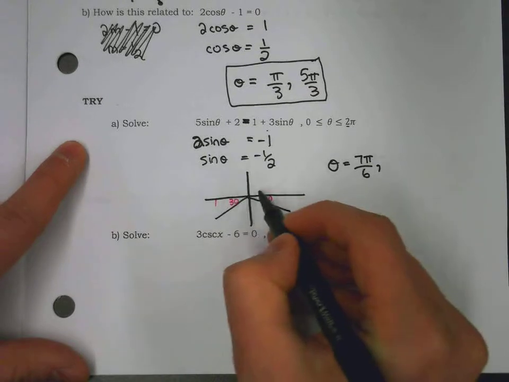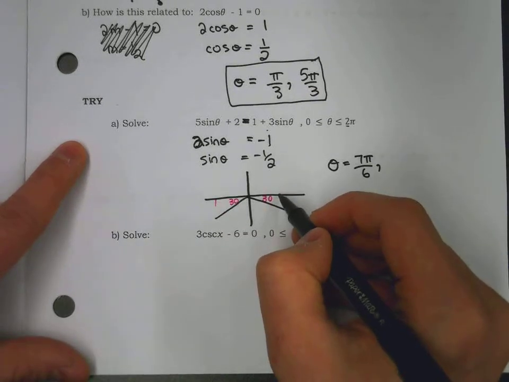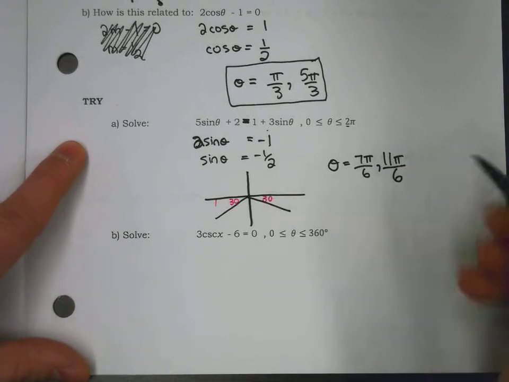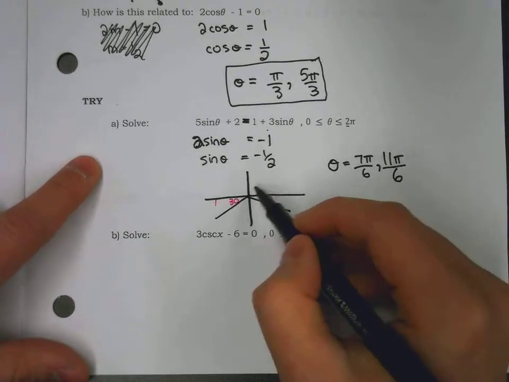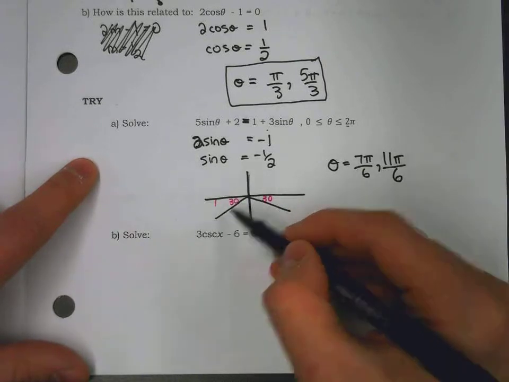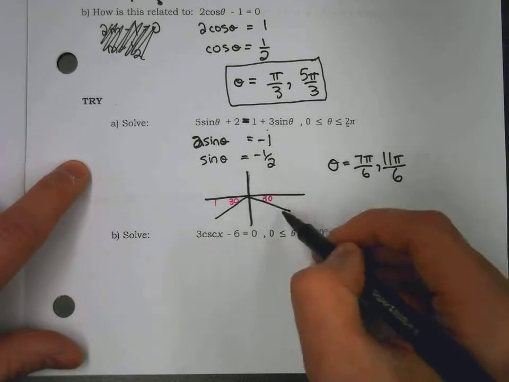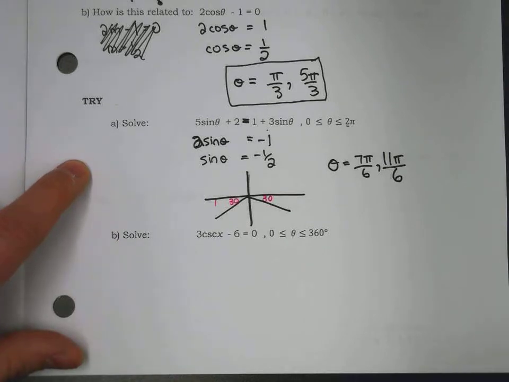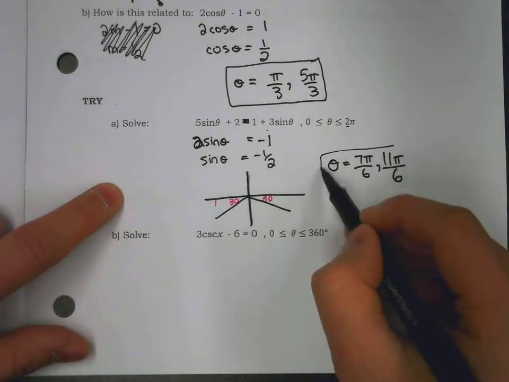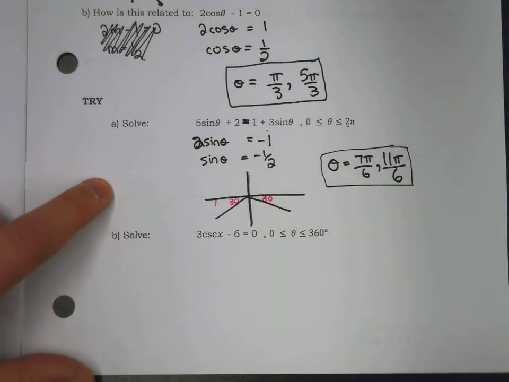And our second answer is not 12 pi over 6, but 11 pi over 6. Perhaps you count pi over 6's and get 1 pi over 6, 2 pi over 6, 3, 4, 5, 6, 7 pi over 6, 8, 9, 10, 11 pi over 6. We want to get to the place where this is comfortable. But in one full rotation, these are your two angles.